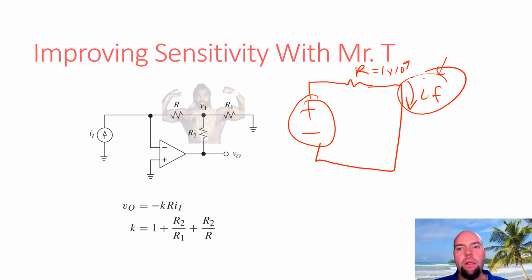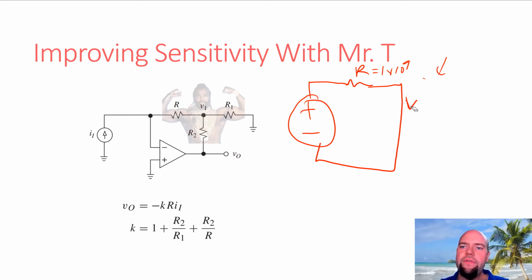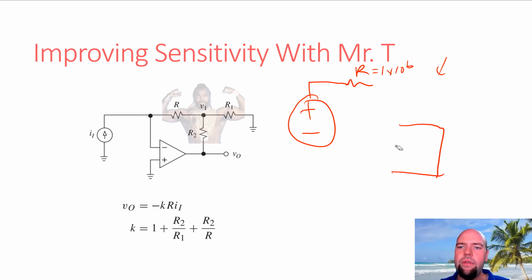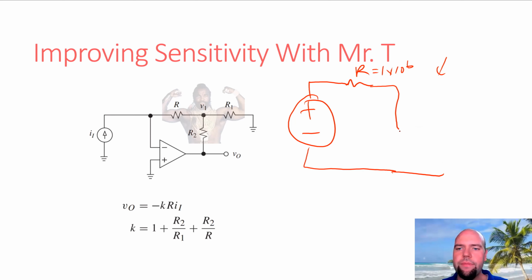Well, one thing we could do is something like this. What if instead of doing a 10 to the 9th resistor, we just do a humble 10 to the 6th resistor. And then down here, what if we do a little voltage divider and we make this our feedback?